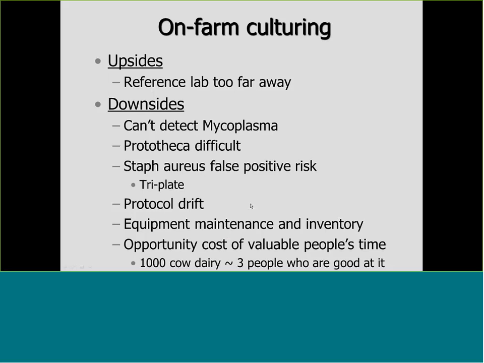I estimate for about a 1,000 cow dairy, you're going to need to train probably 3 people to do this well, if you want to carry this out 360 days a year to account for 7 days a week, the time people are off, holidays, sickness, whatever. You're going to need 3 people who are pretty good at this to get this done well on farm.